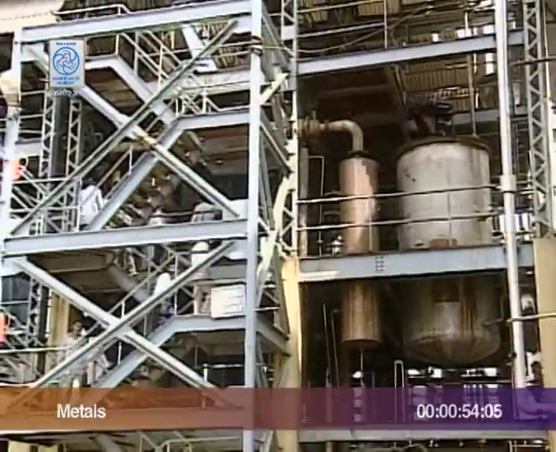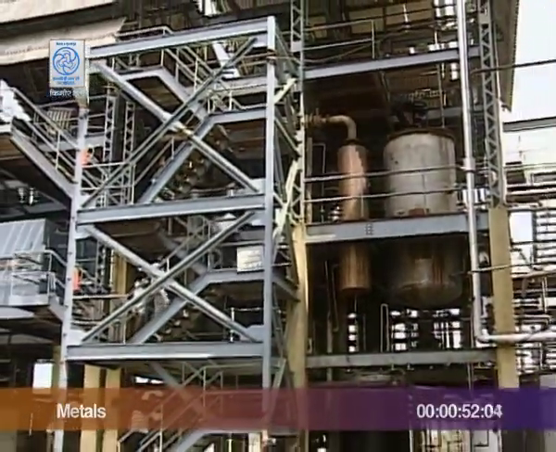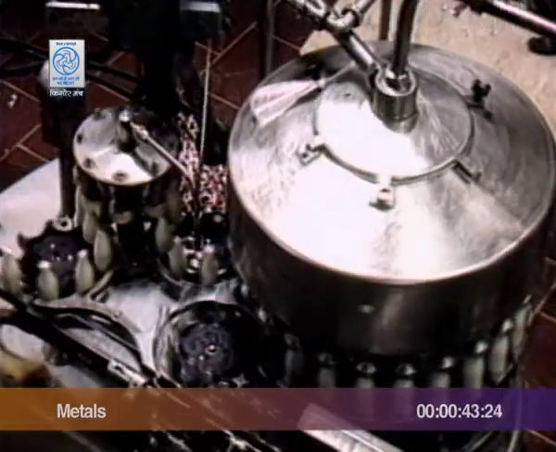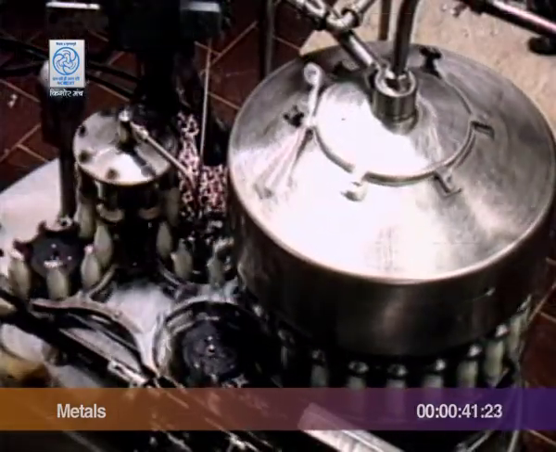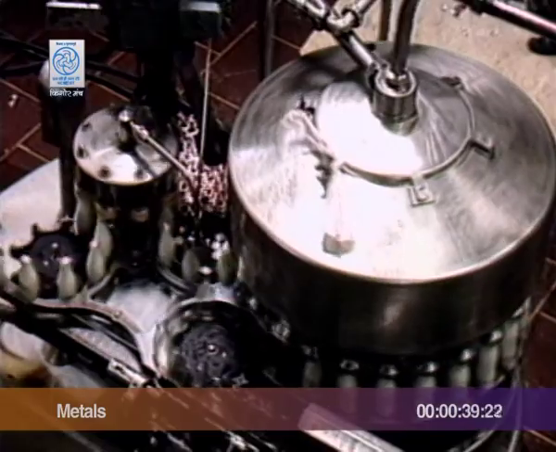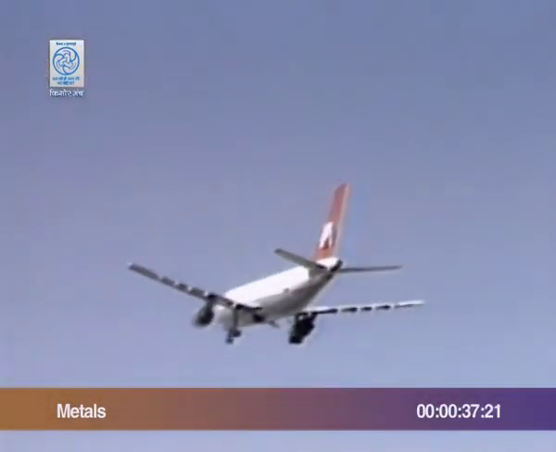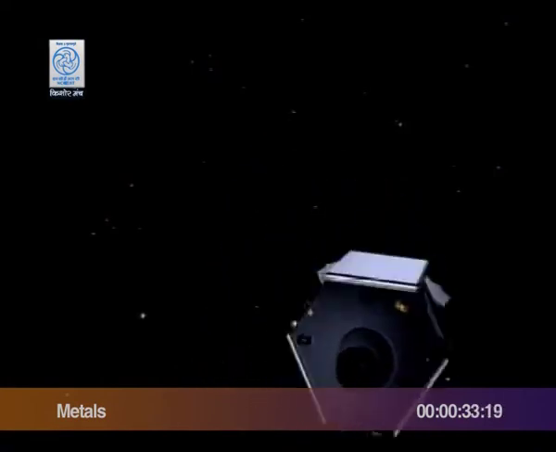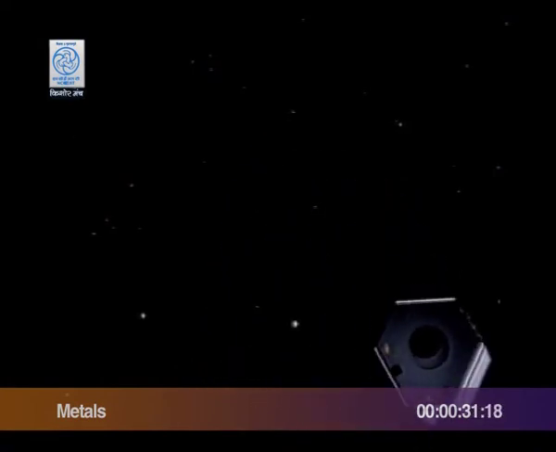The Industrial Revolution is thanks to steel. Steel, which is a combination of iron and carbon with or without other metals like magnesium and so on. The jet age, space age is also due to use of metals like titanium.